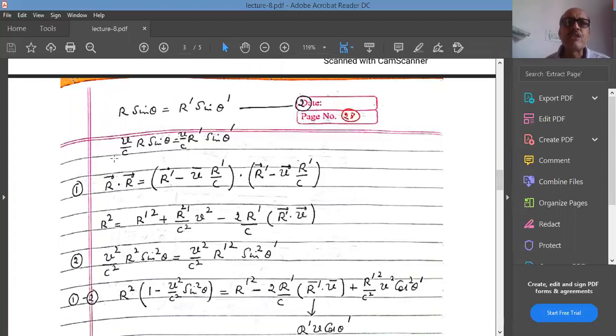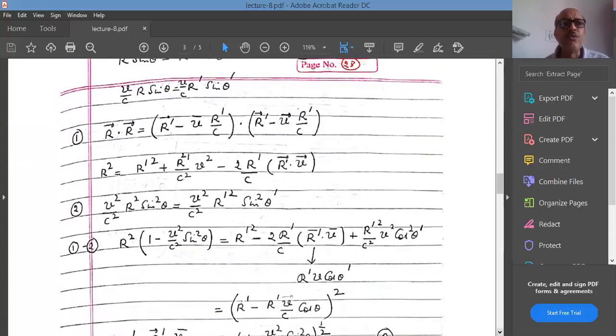Now we take the square of equation number 2 also, after multiplying with v/c. So if you take the square, it becomes v²/c² r² sin²θ equal to v²/c² r'² sin²θ'. Now we will take the difference of the two. We will subtract equation number 2 from equation number 1.